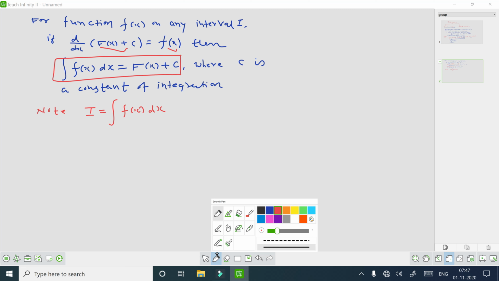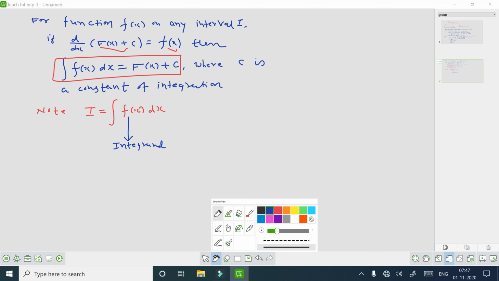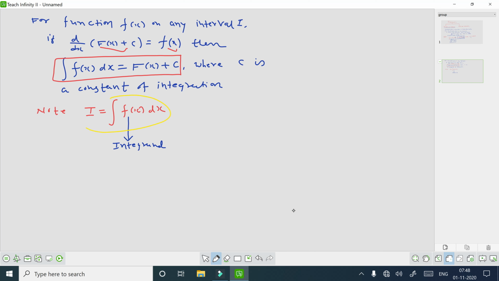Now see, f of x is called the integrand, and the whole value of this portion is known as the integral.